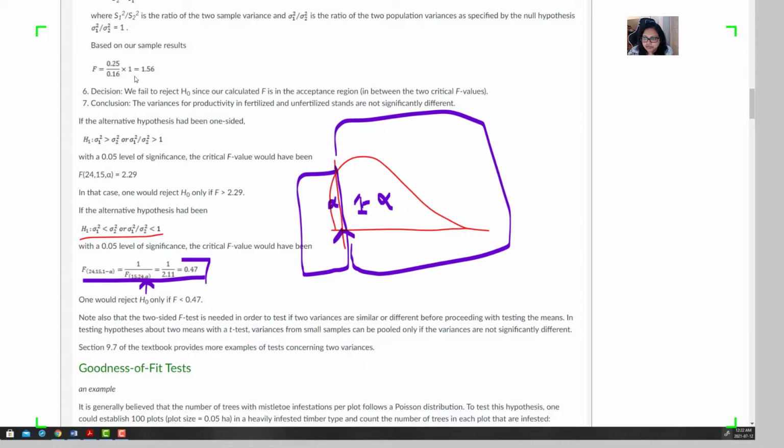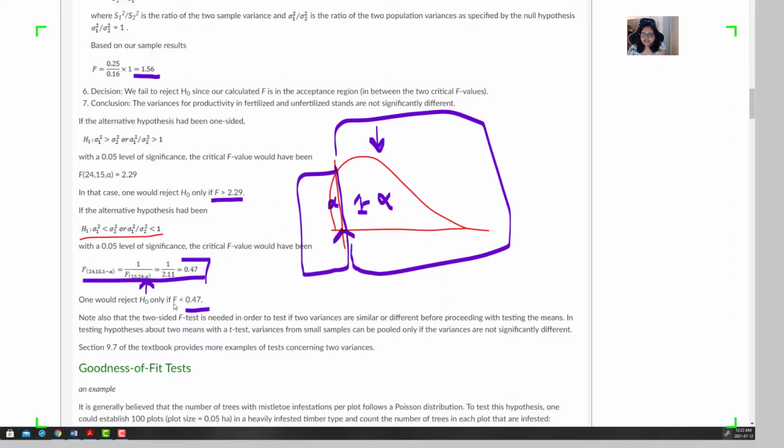If we compare with 1.56, you can see that it is more than that. That means it falls in the acceptance region, so we cannot reject the null hypothesis. For the upper region, we say the opposite, because the critical value is 2.29; the test statistic we found is less than that.